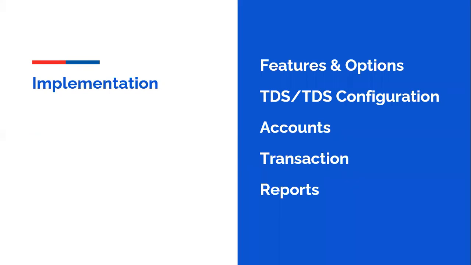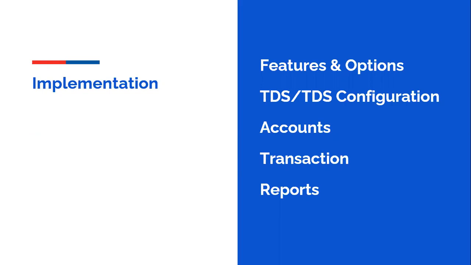Transaction: as you go for the transaction, if the transaction exceeds 50 lakh, then it will ask for deducting TDS or collecting TCS. And the last is the reporting part. Both TDS and TCS have different reports. We'll check practically in BUSY.